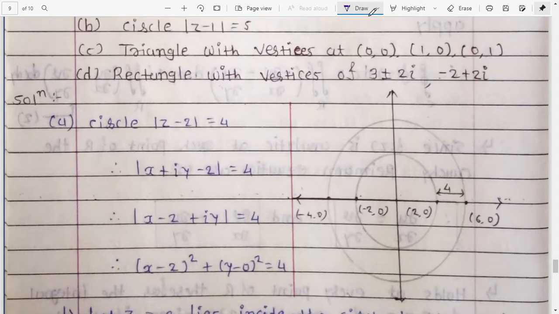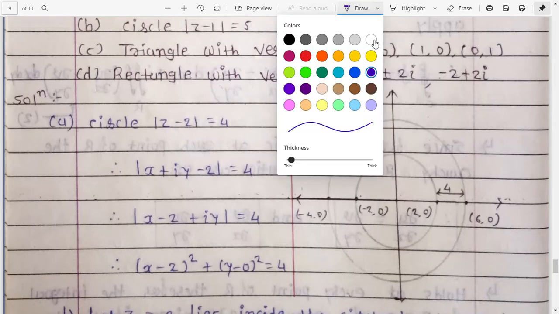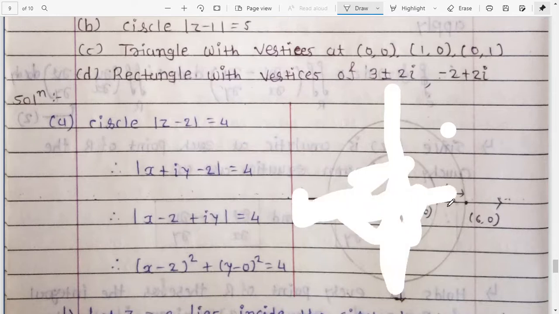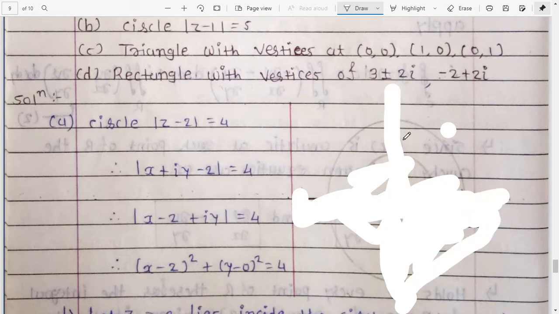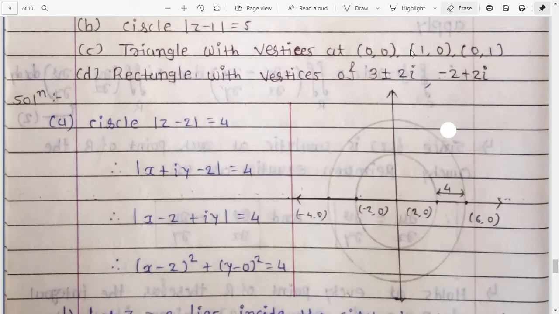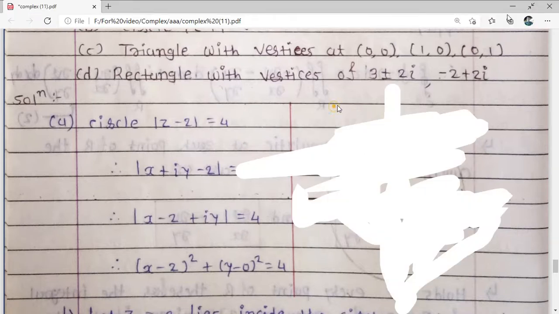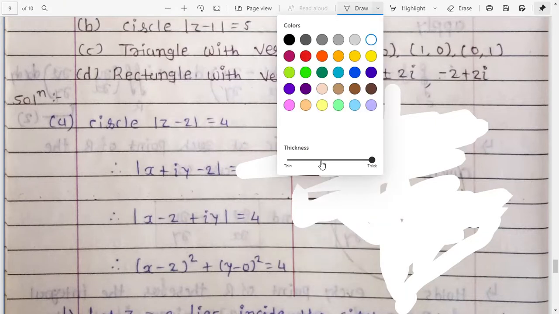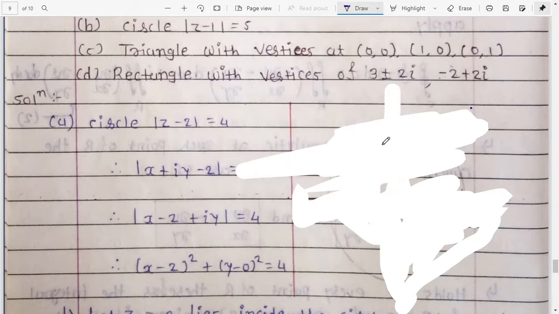So this is the circle. This is 0, 0, center at 2, 0, this is 1, this is 2.